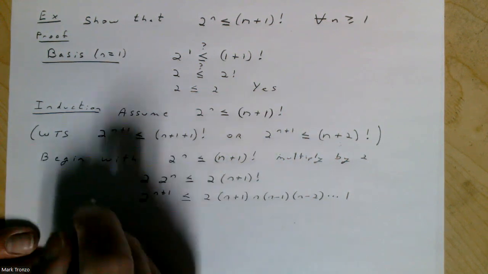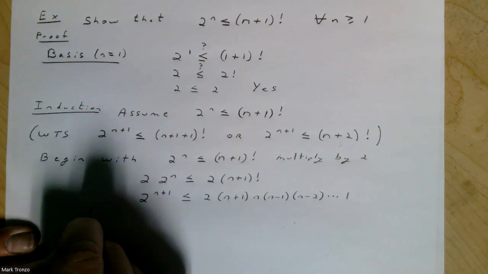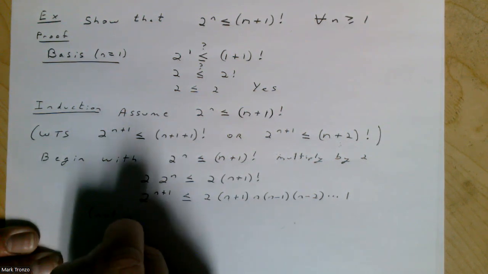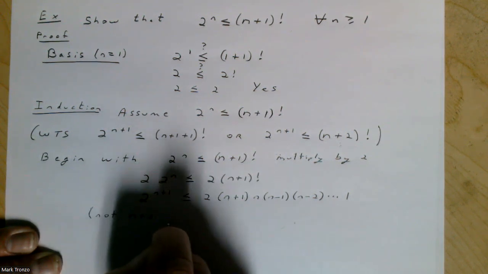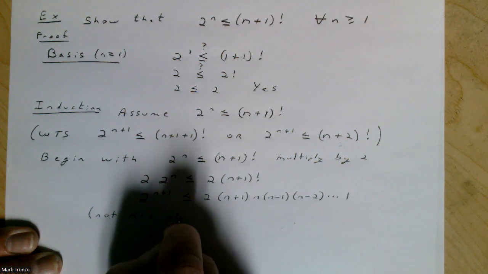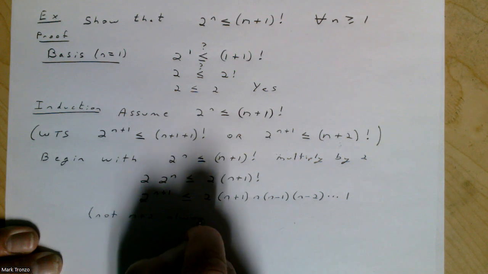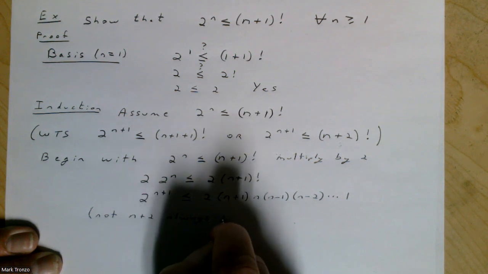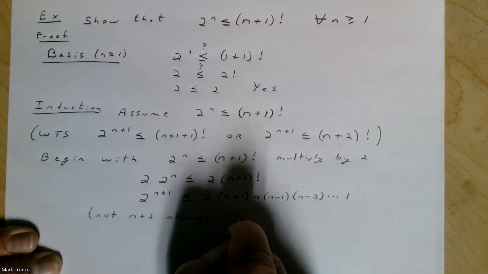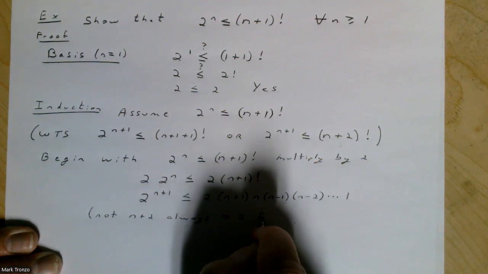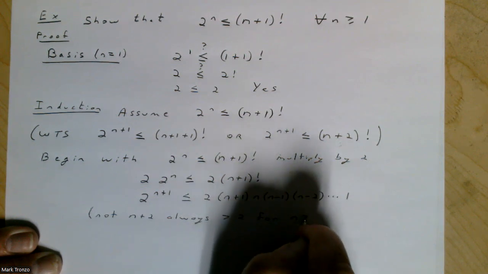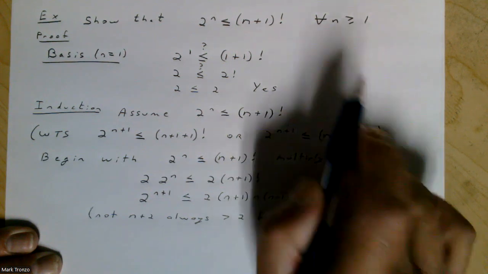So note, let me just put this in parentheses, n plus 2 is always greater than 2 for n, as long as n is greater than or equal to 1, which is what we have here.